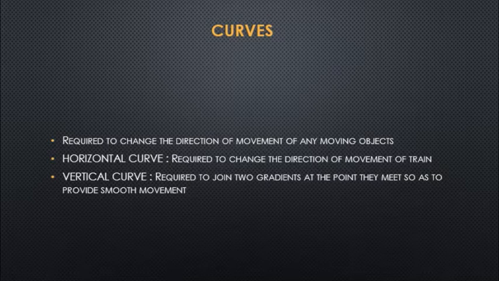Horizontal curves are required to change the direction of movement of the train, while vertical curves are required to join two gradients at the point they meet so as to provide smooth movement. So both the horizontal curves and vertical curves are necessary for the alignment of curves.